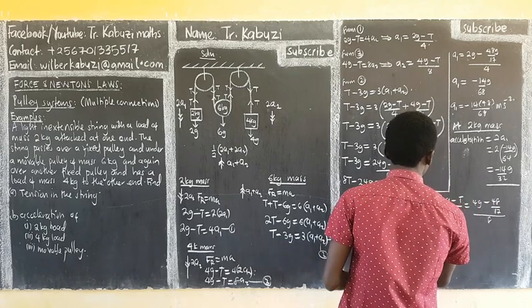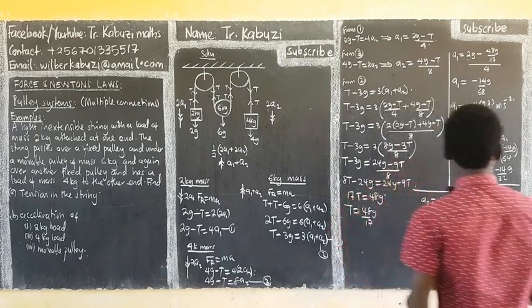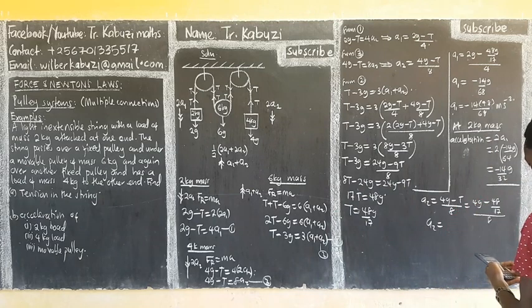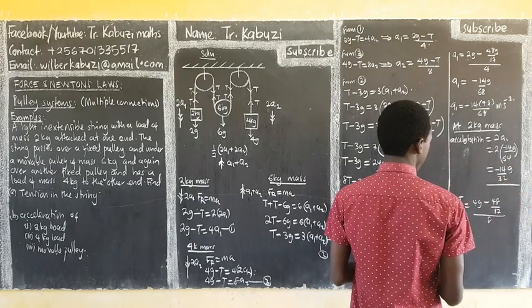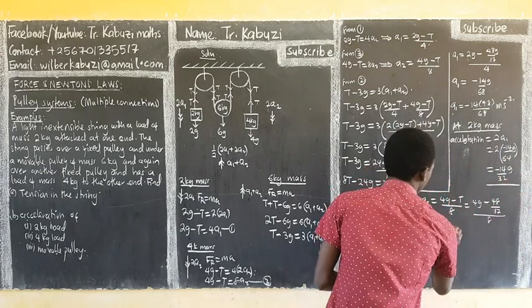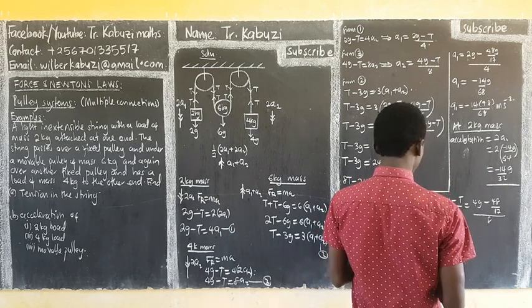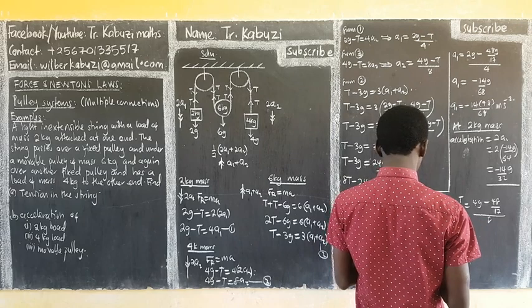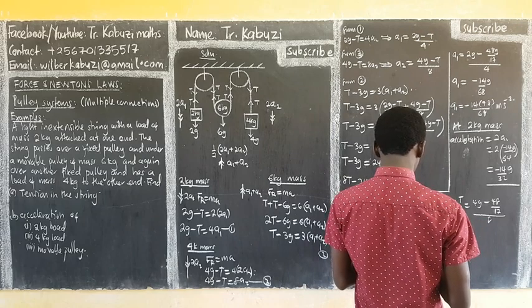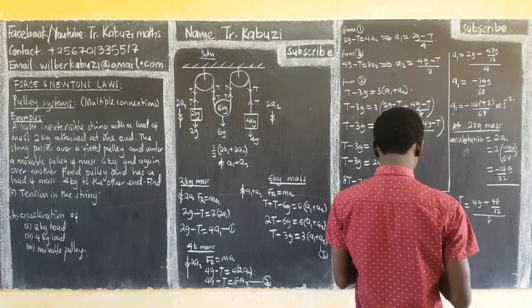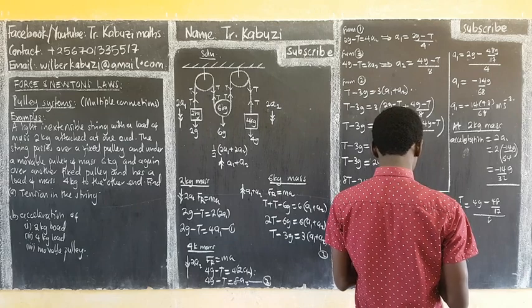So here, we shall get 4 times 17. Okay, that will be 20d over 17 times 8.